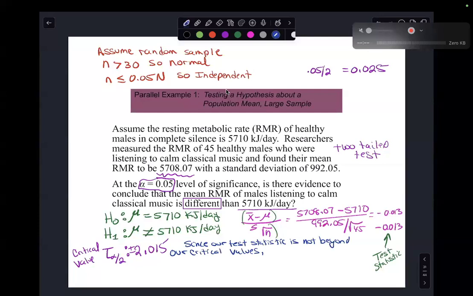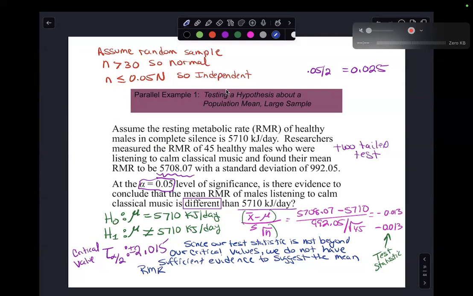We do not have sufficient evidence to suggest the mean RMR... I'm not going to write the whole thing about men.